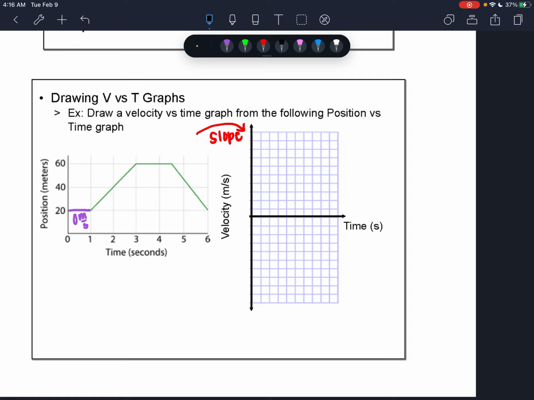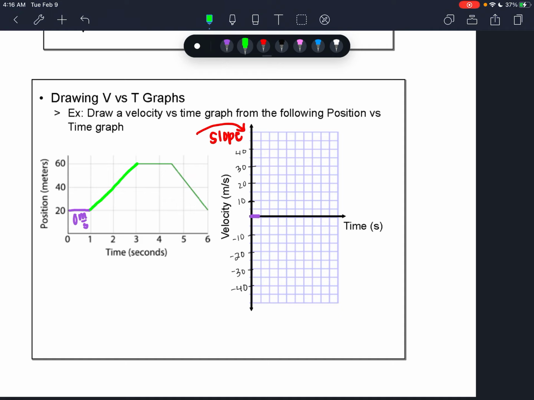It looks like I might need to go pretty big here, so I'm going to go up by 10, 20, 30, 40, and that's good enough, and then negative 10, negative 20, negative 30, negative 40. So for the first second, my velocity is 0 meters per second.